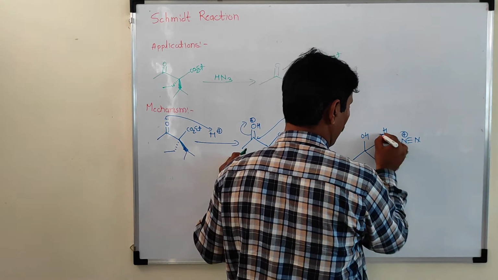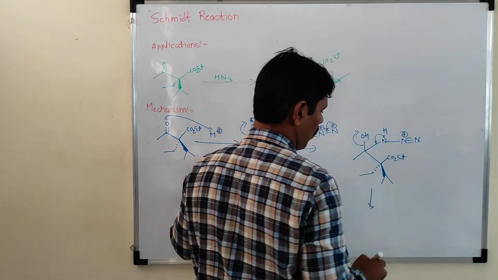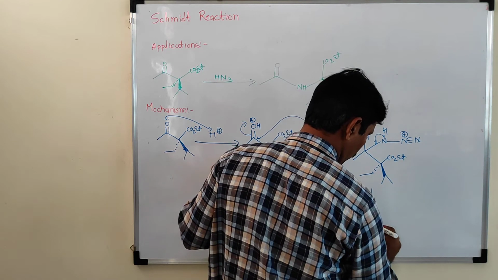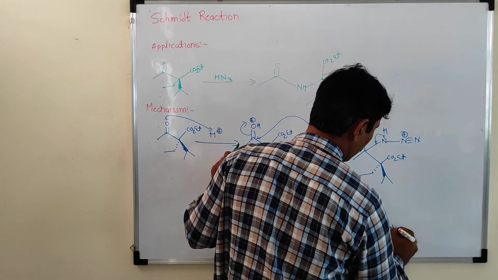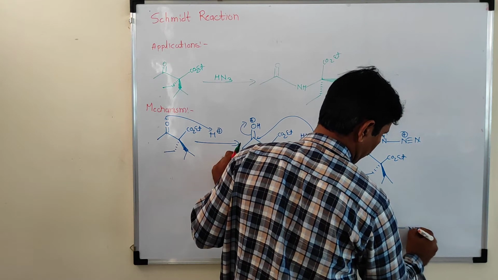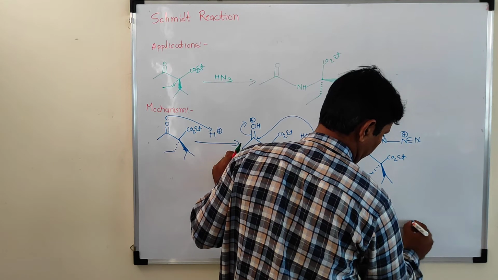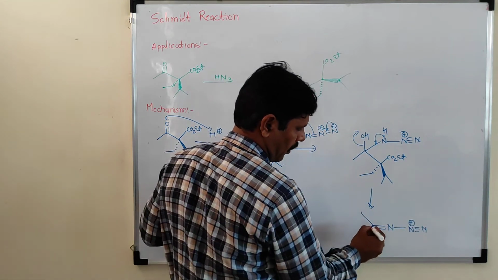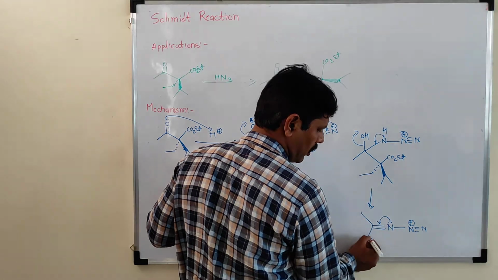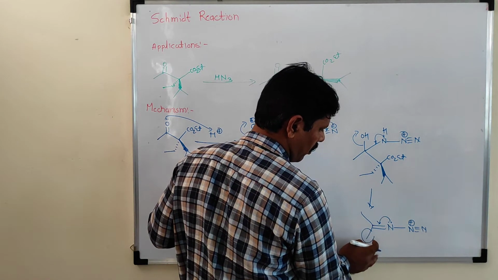Then, after loss of water molecule, such type of species is formed. That nitrogen contains a lone pair of electrons which undergoes the same type of rearrangement.